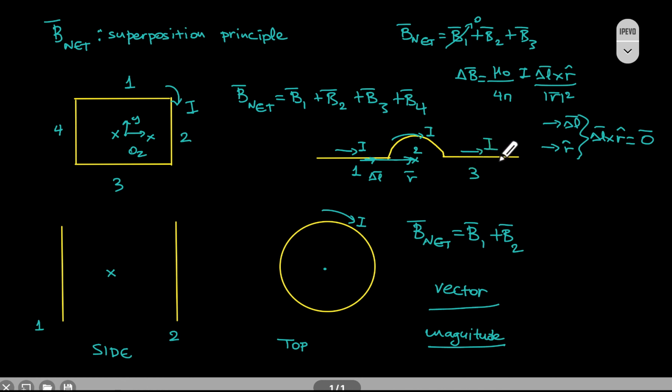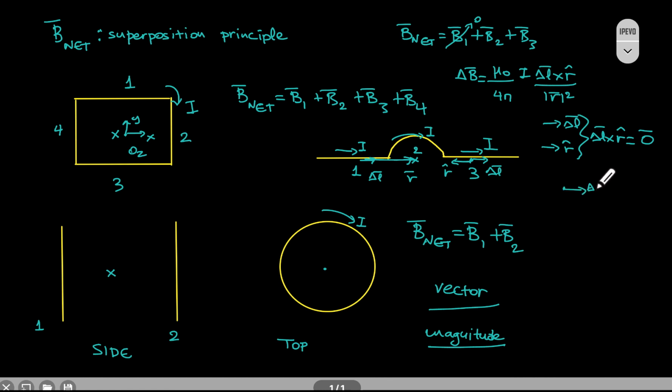For wire 3, the vector delta L points in the direction of the conventional current, so my delta L will go to the right. The vector R goes from the source, which is here, to the observation location, which is here. So the vector R points straight to the left, which means the vector R hat will also point straight to the left.